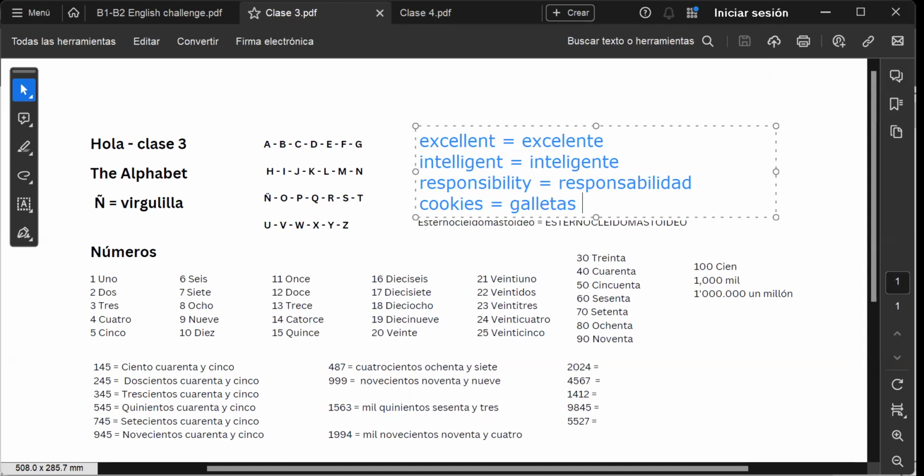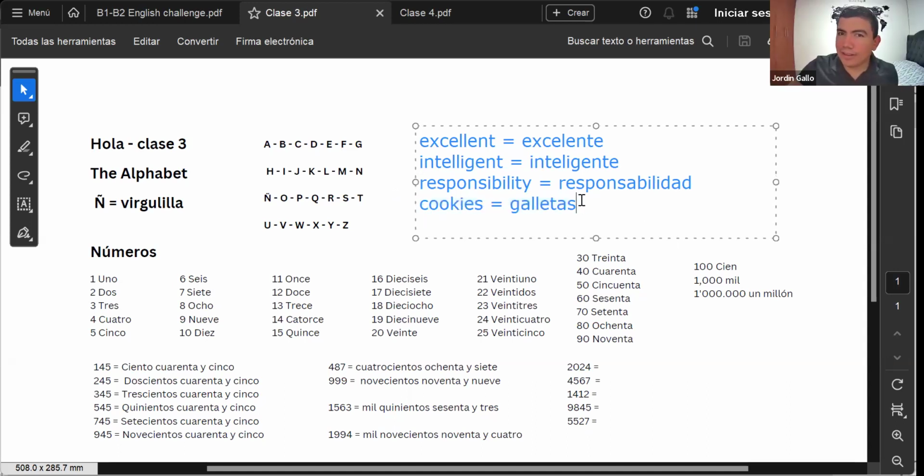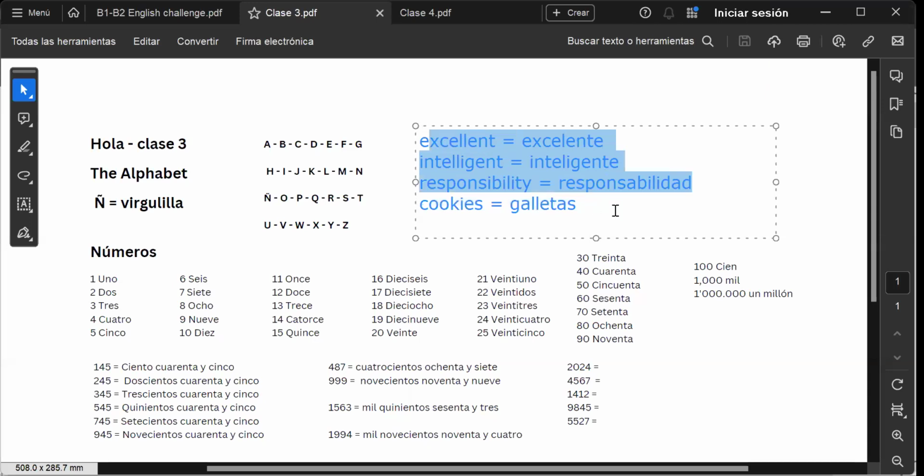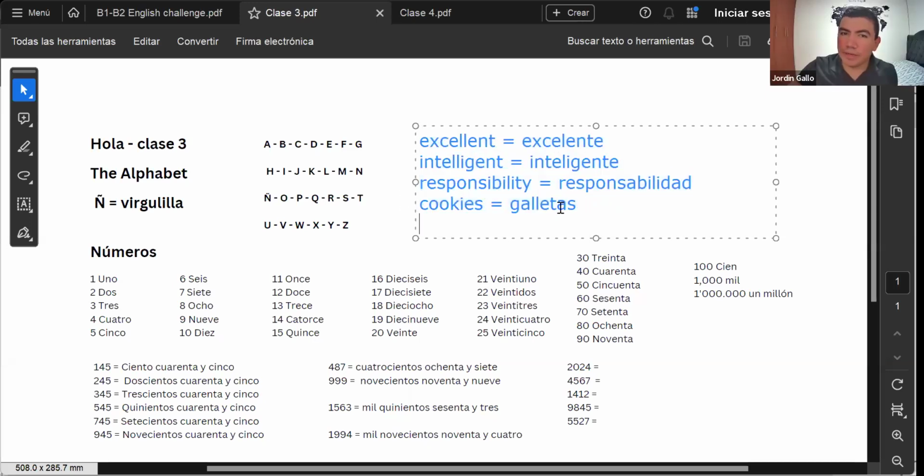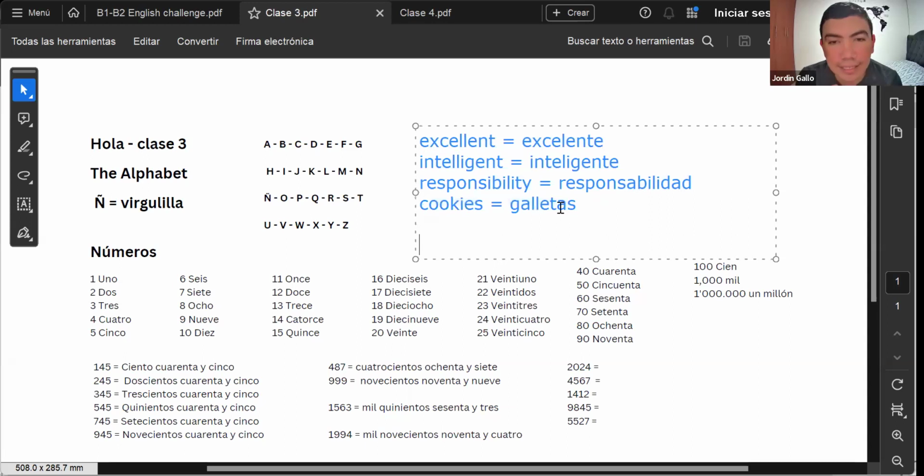Galletas. Actually, this is a very difficult word because in Spanish it's completely different, you know? Three words are very similar, but this one in Spanish is super different. But we have to add something: you guys have two different words, cookies and crackers, but we have just one word.